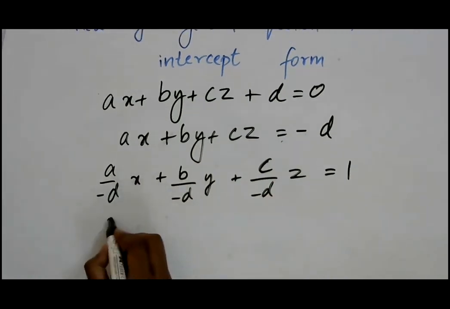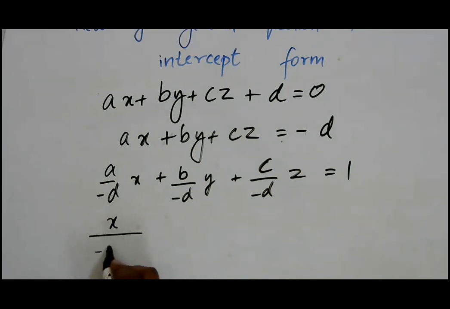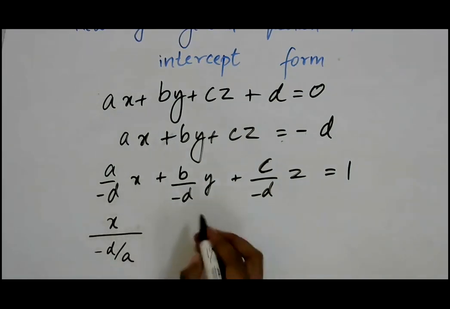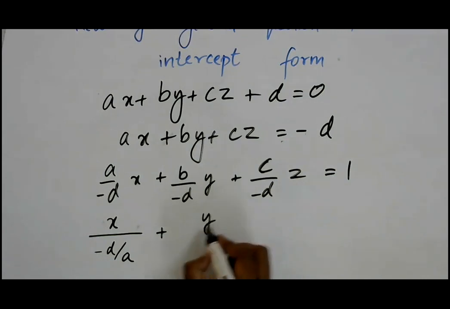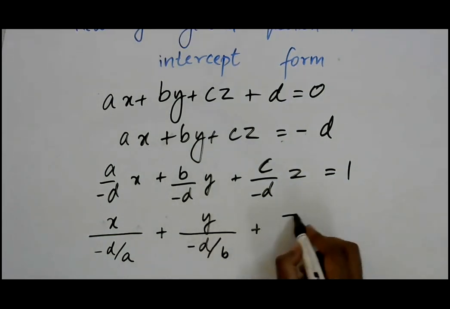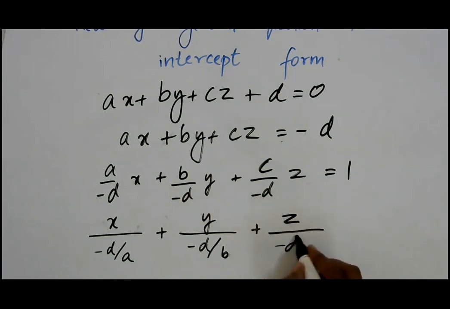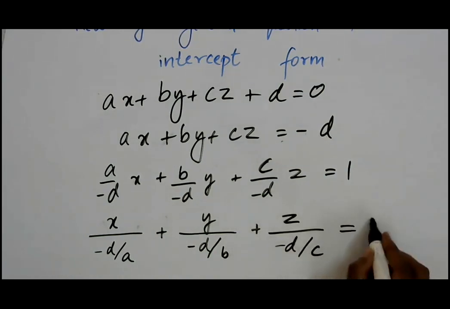So we can express this as x the whole upon minus d by a plus y the whole upon minus d by b plus z the whole upon minus d by c, which is equal to 1. So in this way, given any general equation, we can convert or reduce them into intercept form.